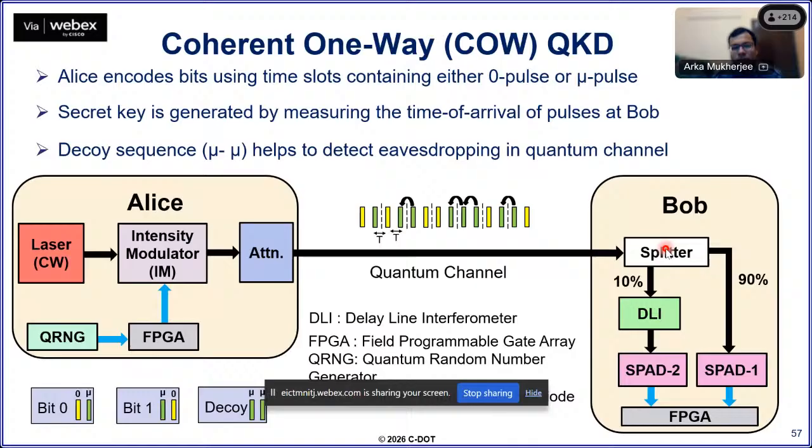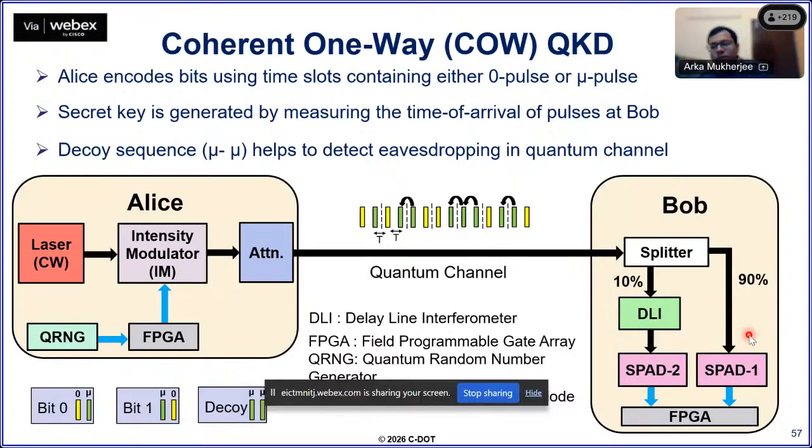This is a passive device, and its purpose is that it divides the power in a 90:10 ratio. So 90% of the power will go in this arm, and 10% of the power will go in this arm. The 90% power will be detected as a click in SPAD 1, or detector 1. So this line will contribute to generation of secure keys.